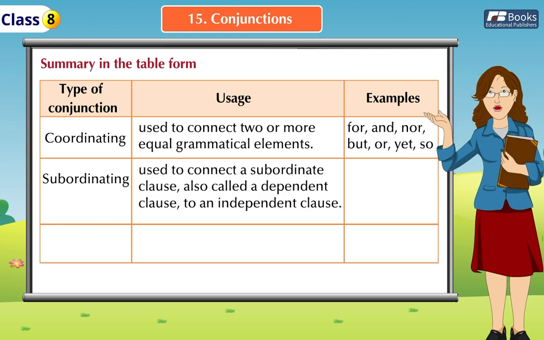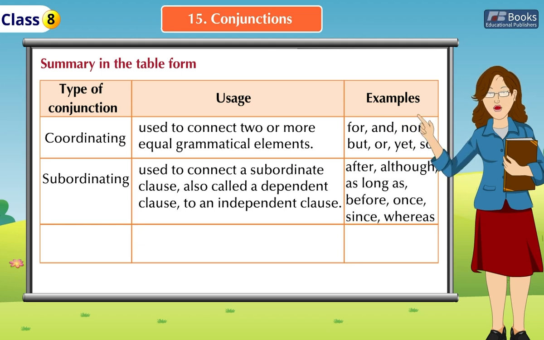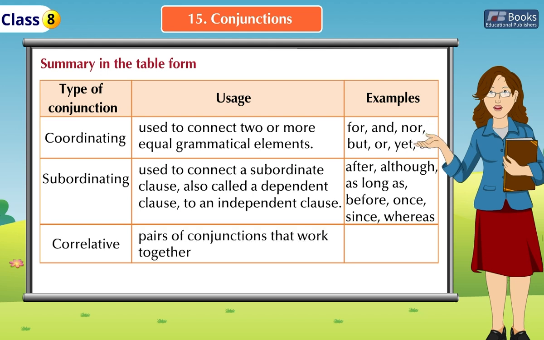Used to connect a subordinate clause, also called a dependent clause, to an independent clause. Example: after, although, as long as, before, once, since, whereas. Correlative. Pairs of conjunctions that work together. Examples: both and.